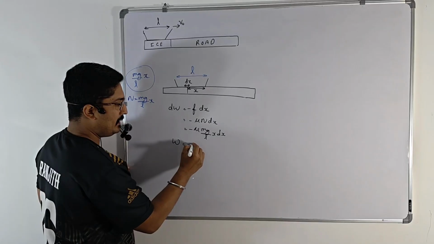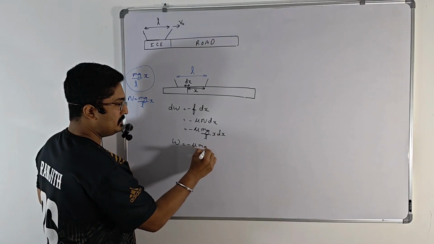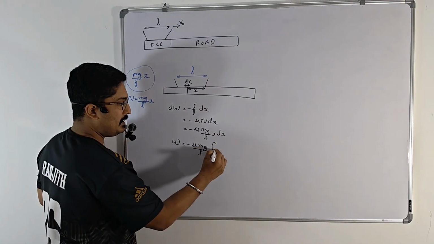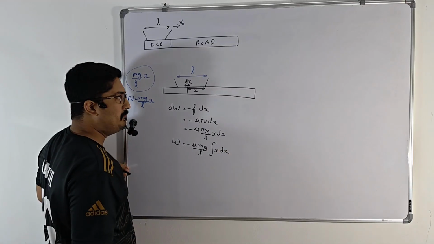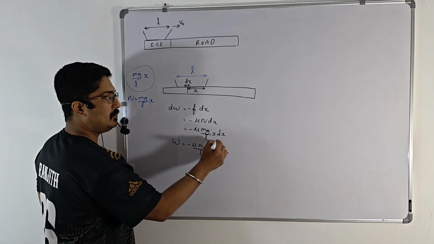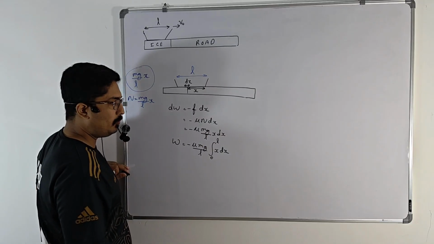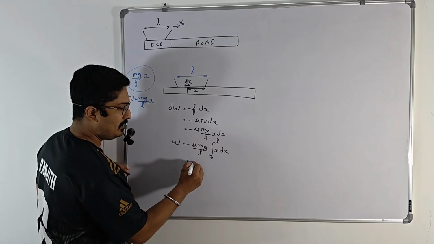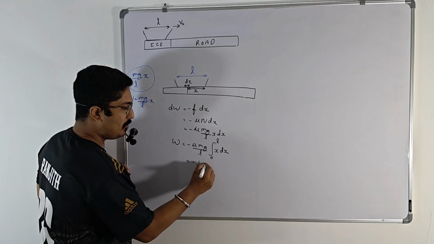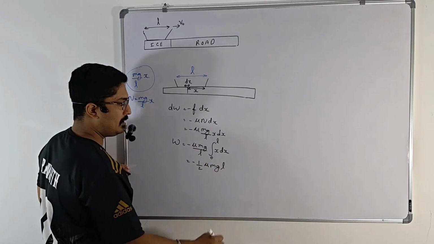For that I can integrate. Mu mg by L is constant, and the integral of x dx has limits from x equals 0 to x equals L. This gives L square by 2, one L can be cancelled, and finally I get minus half mu mgL.